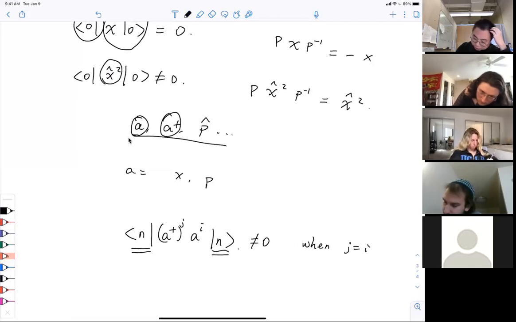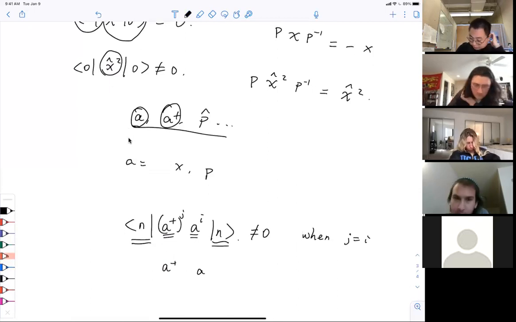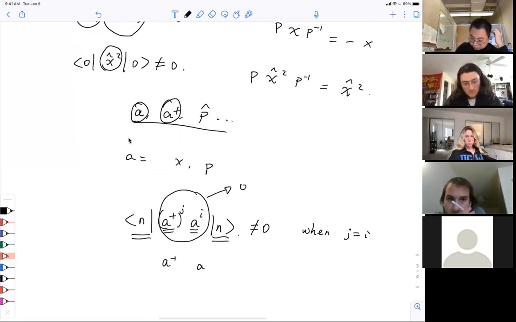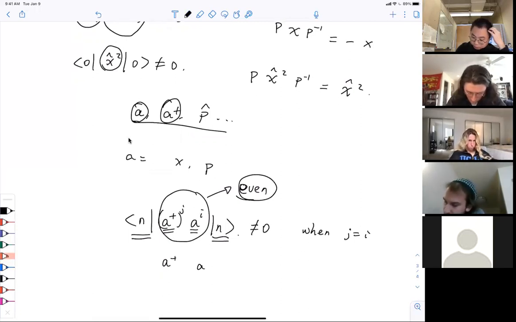Only when the number of A daggers equals the number of A's is it non-zero. And in this case, when I equals J, this is also even under the parity operation, meaning that this operator will not change the parity of the state n. So we have a chance to get non-zero results.